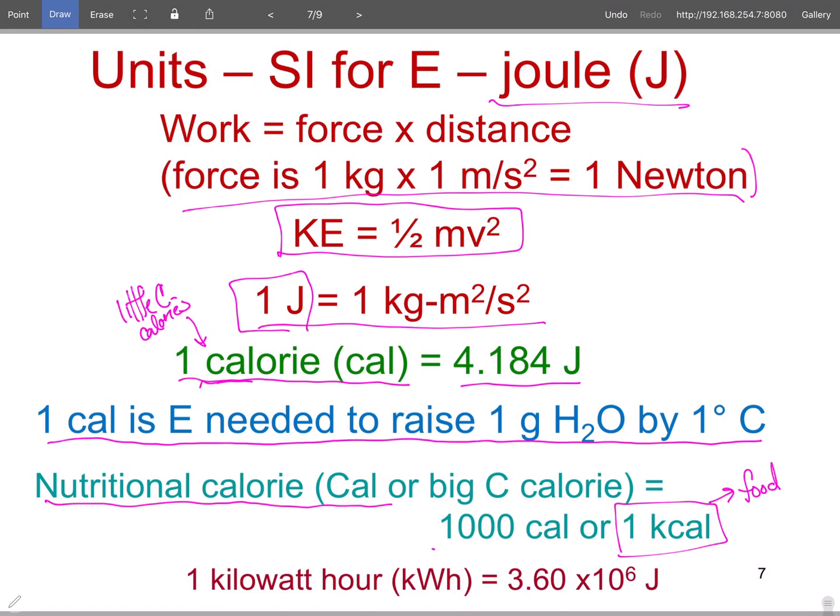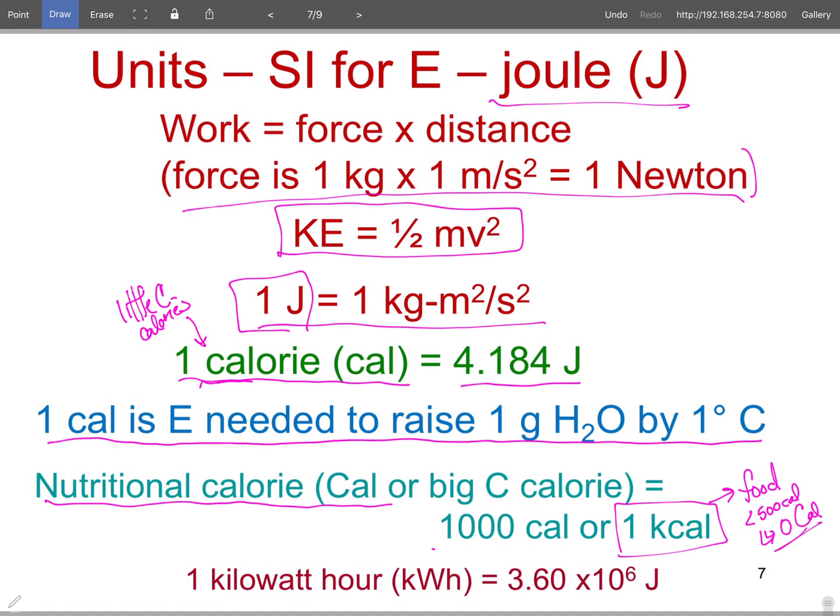So when they say that you have Coke Zero or Pepsi Zero, it is not 0 calories. It is 0 nutritional calories. So as long as you stay less than 500 little c calories, then you can say it is 0 big C calories. Okay? So that's how they get it.